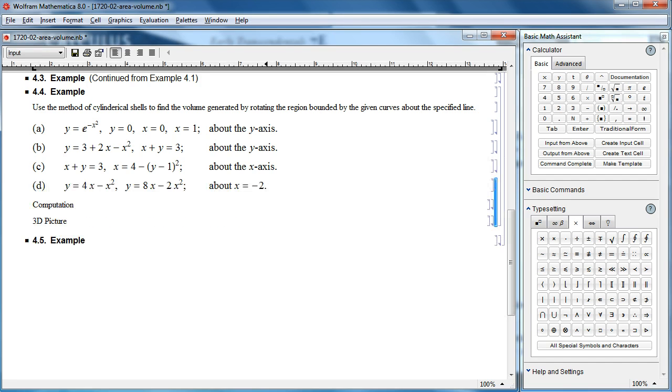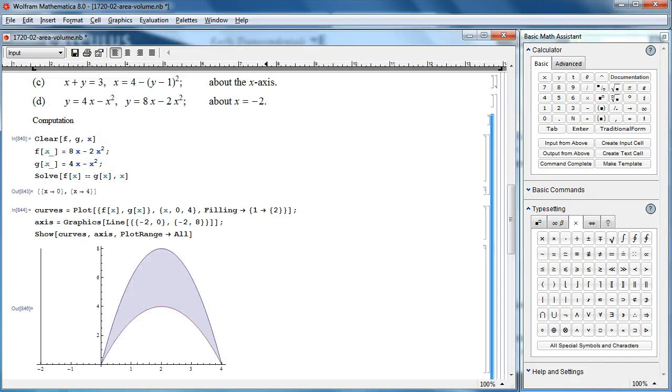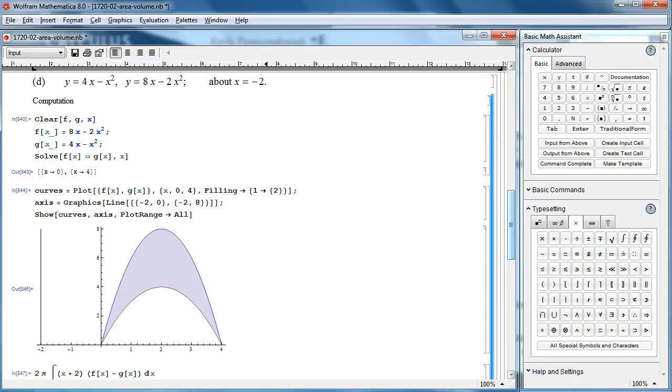Now the final problem is a little bit more challenging because the rotation is with respect to a vertical line, x equals negative 2, not the coordinate axis. And here we go. We have two parabolas, blue and red, and we are rotating them with respect to this vertical line, x equals negative 2.